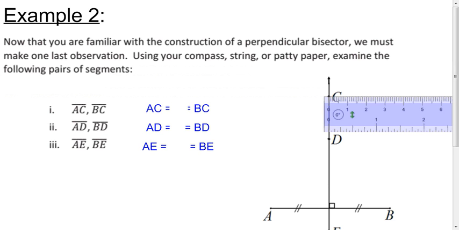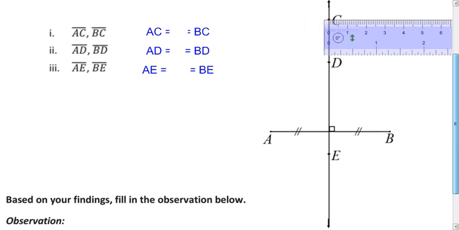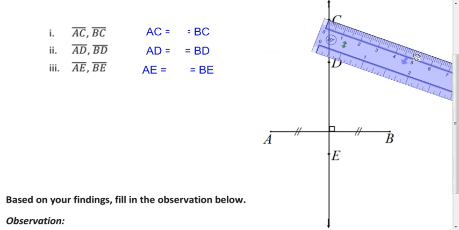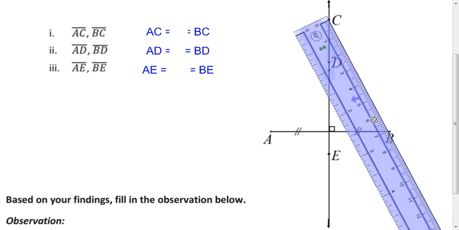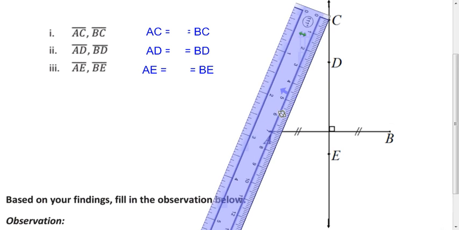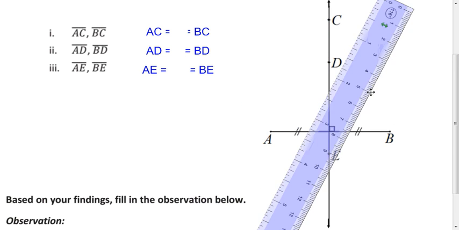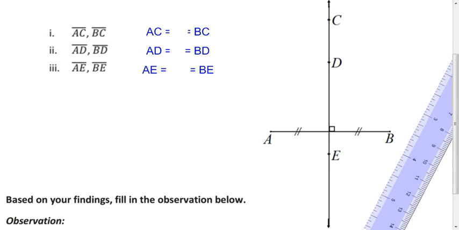So there's a special fact about perpendicular bisectors. So let's look at it. If we take any point on a perpendicular bisector and measure the distance from that point to the endpoints, so from C to B and C to A, what do we get? We get 7 here, and we get 7 over here. Now, is that a coincidence?